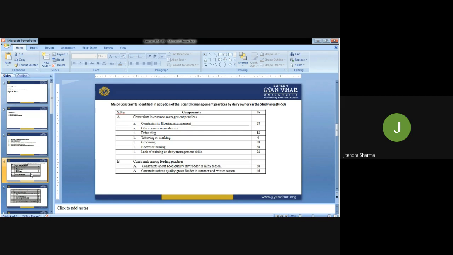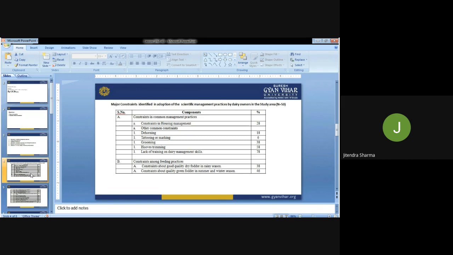About 28% of dairy owners clearly mentioned that because of the shortage of land, the shortage of infrastructure facilities and financial problems, they are not in a position to have a proper housing arrangement for their livestock. This was reported by 28% of dairy owners.